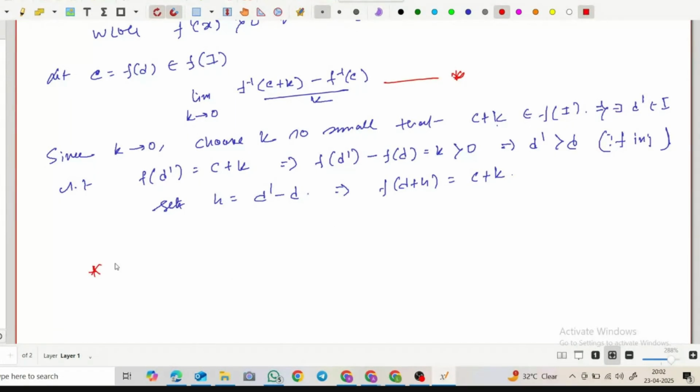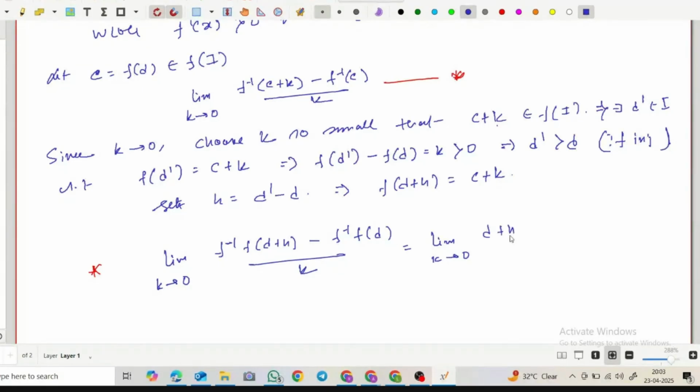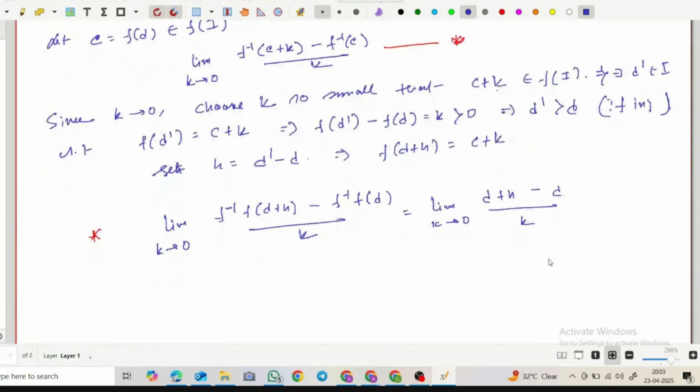So in star, you replace them, you get the limit as k tends to 0 of f inverse of f of d plus h minus f inverse of f of d, by k, that is the limit as k tends to 0 of d plus h minus d by k. Okay.